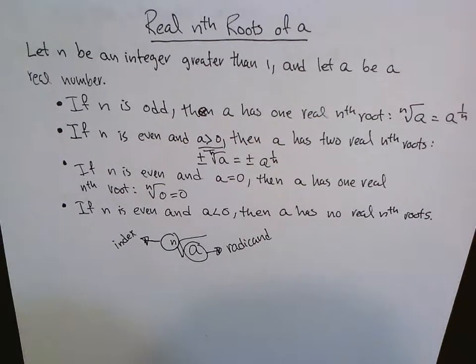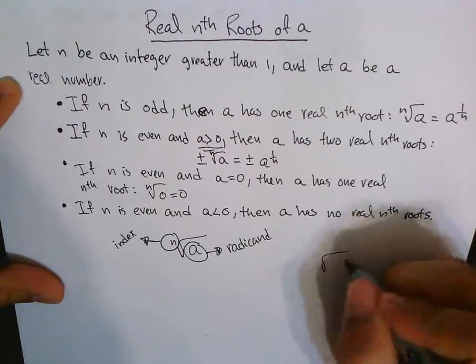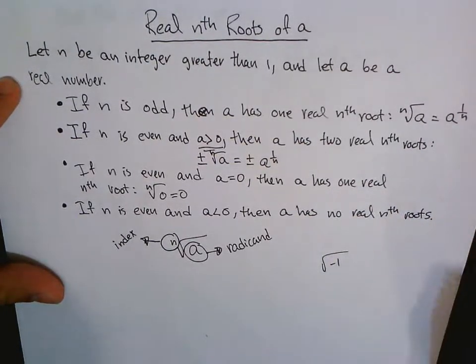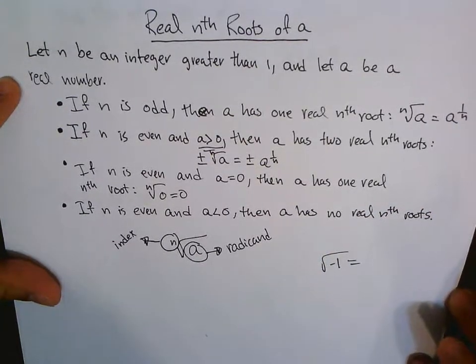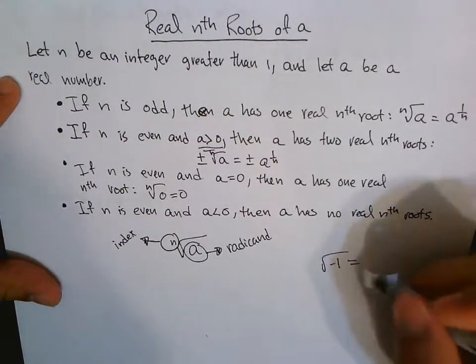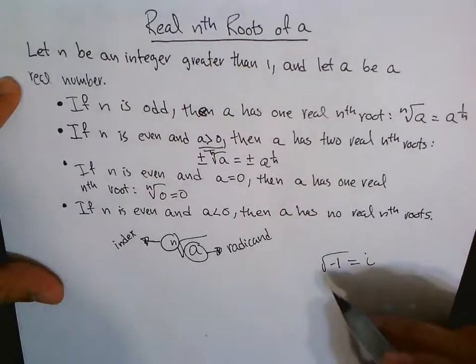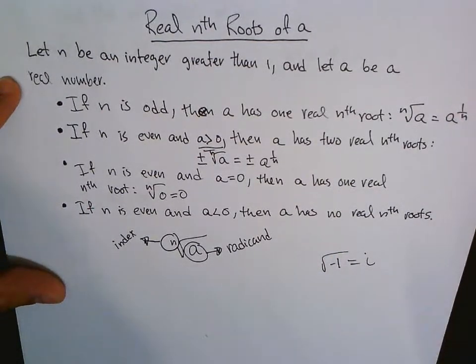Once you get to algebra 2, and I will make a video about this later on, you will find that the square root of -1, in math we say that it doesn't exist, we say that that is i. The square root of -1 is i.